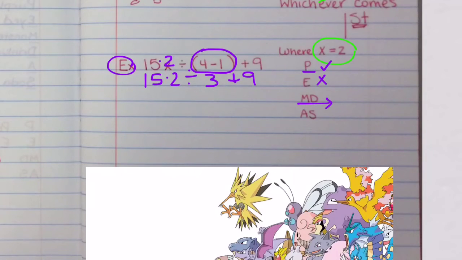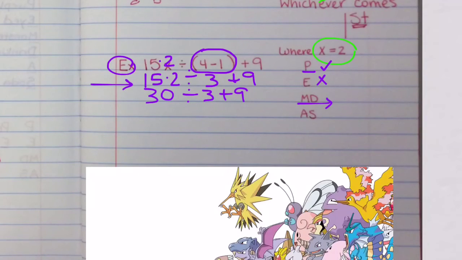Next is multiply divide as you go from left to right. So going from left to right, first off I have 15 times 2. That's 30. And then everything stays the same. So it moves to 30 divided by 3 plus 9.